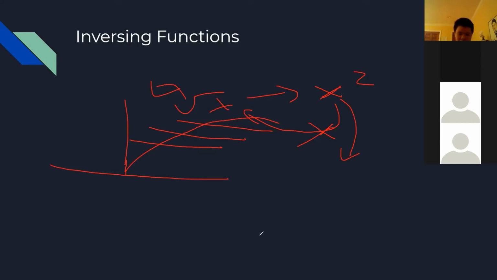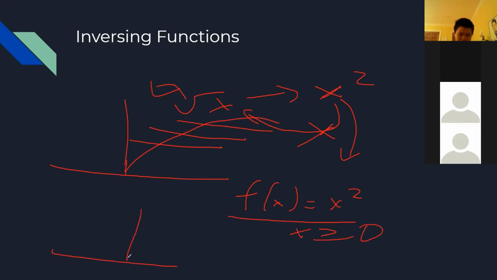If we had a function f(x) equals x squared where we arbitrarily, which means we decided on our own, that our inputs have to be at least 0, then this would have an inverse because it would look like this. And as always, you should watch out for domain and range issues when you're looking at functions.